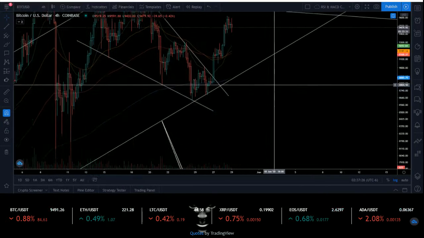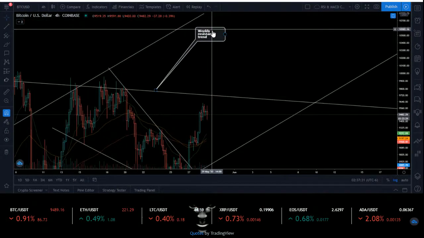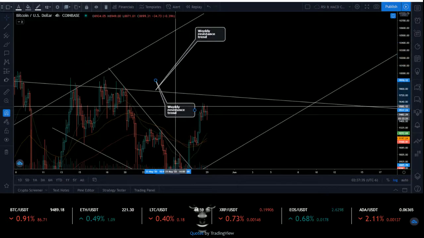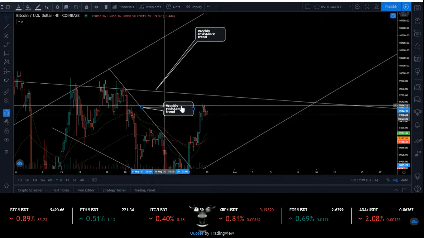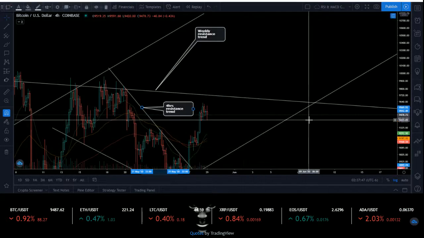So now, pwede natin lagyan ulit ng notification dito. Okay, that would be our 4 hours resistance trend. Yan, pwede natin yan.